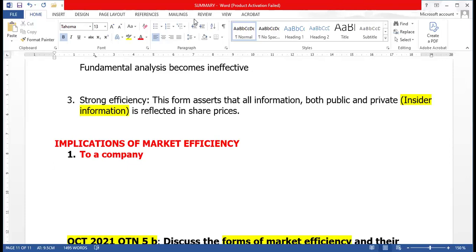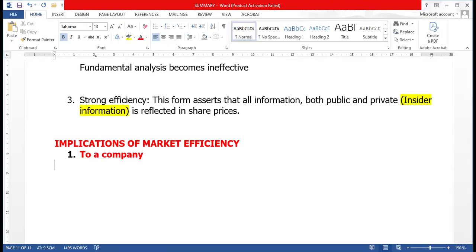Number one, to the side of the company, their focus now should be on how they can maximize the wealth of the shareholders.